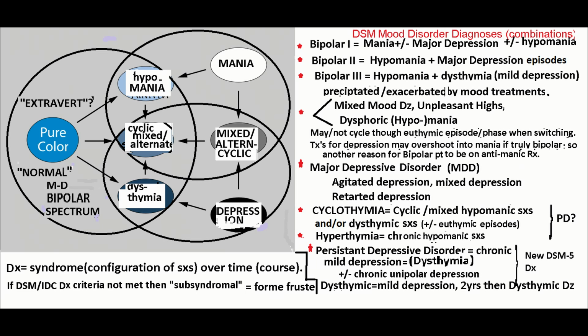And it includes dysthymia, and they changed the name because dysthymia and chronic depression, chronic unipolar depression, where basically they don't have manic states, can occur at the same time. And dysthymia is usually mild depression for 2 years, but they've got this new category now. It's persistent depressive disorder, and dysthymia is included in that.